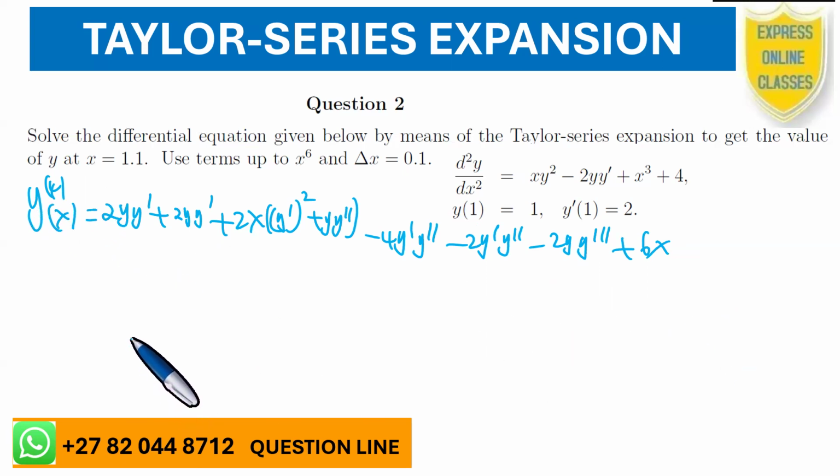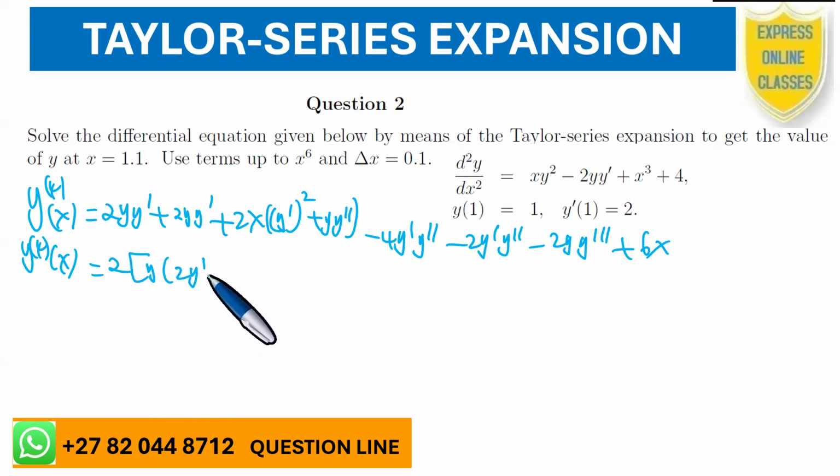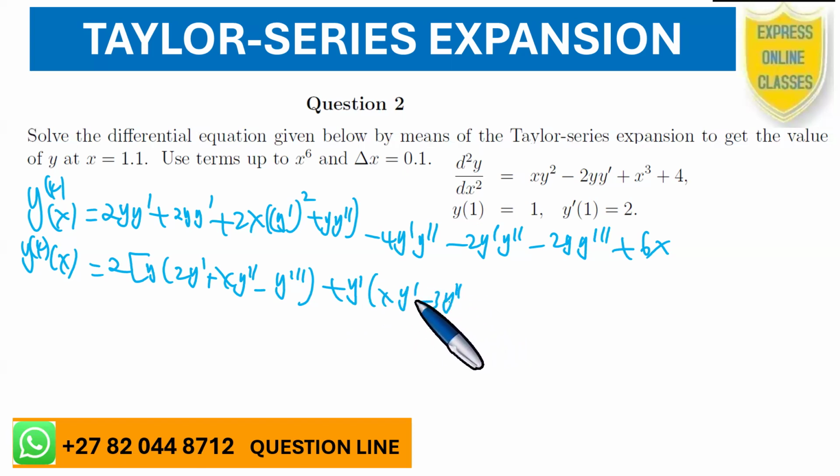Okay, and then with this mentioned, the fourth derivative of x is 2y primed plus xy minus y primed y y double primed 3x.